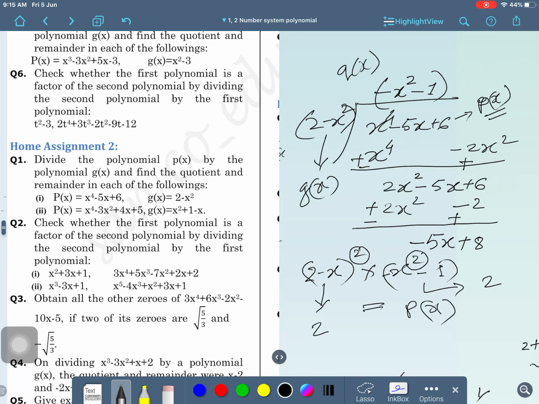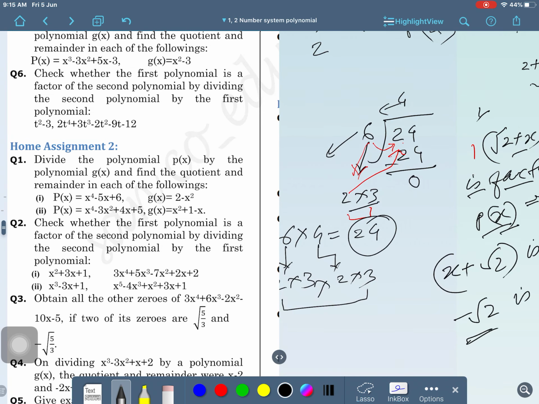And if a polynomial completely divides another polynomial, then quotient and divisor together produce the polynomial. So, if you know two factors of any polynomial, then the other 2 factors can be found by the division process. Is that clear guys?